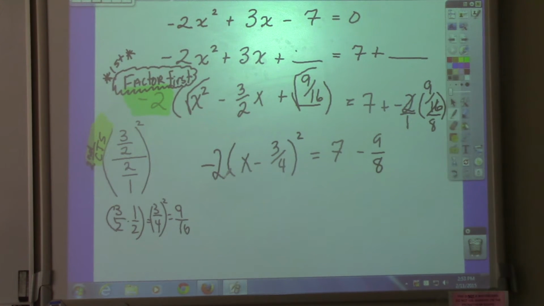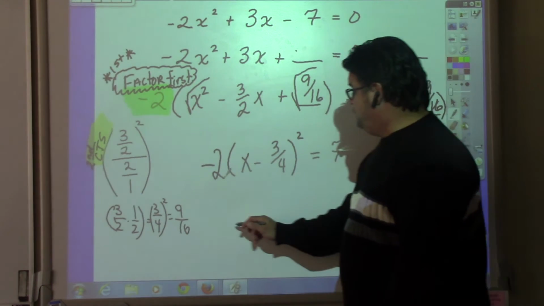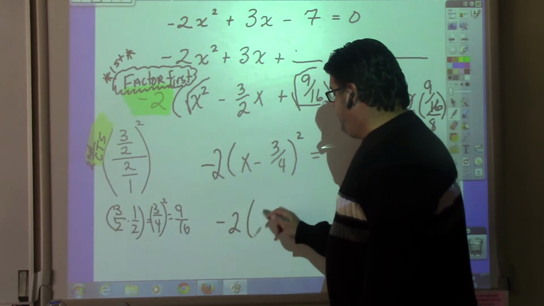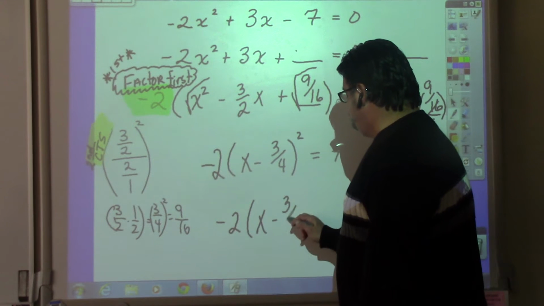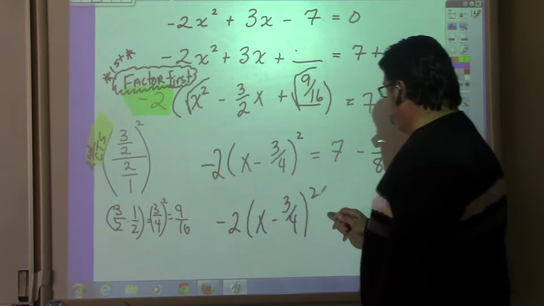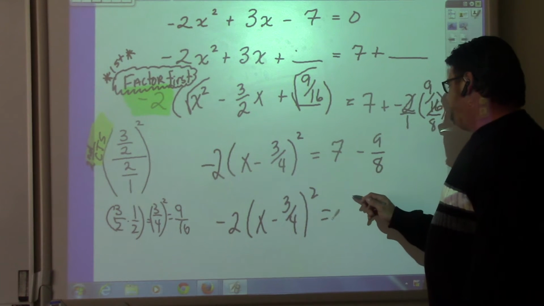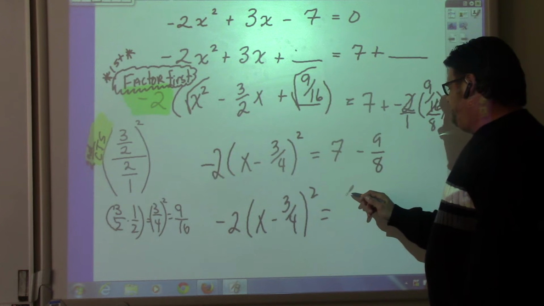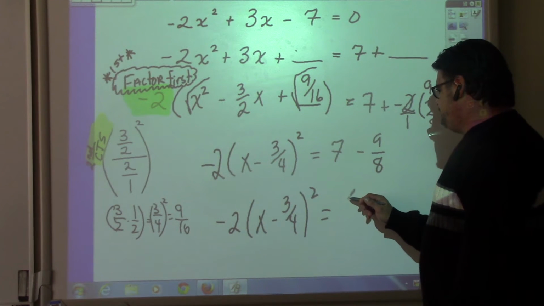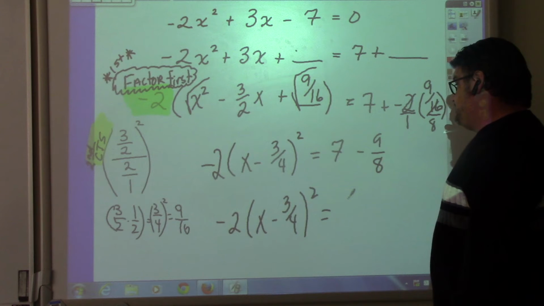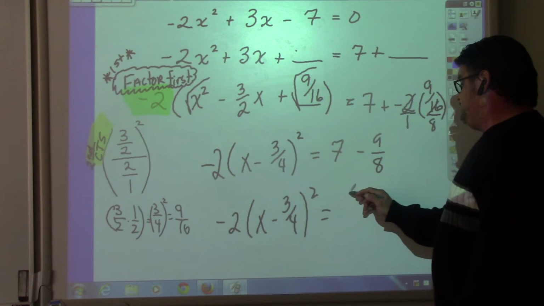-2 times x minus 3/4 quantity squared is equal to 7 times 8 is what, 56? 56 eighths.